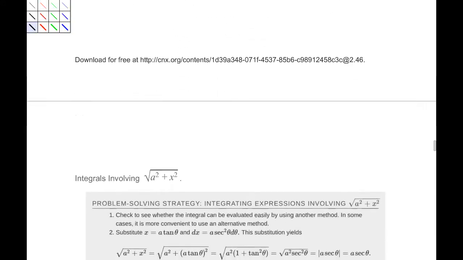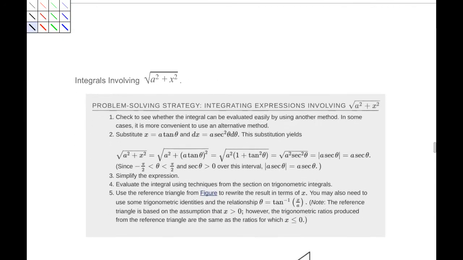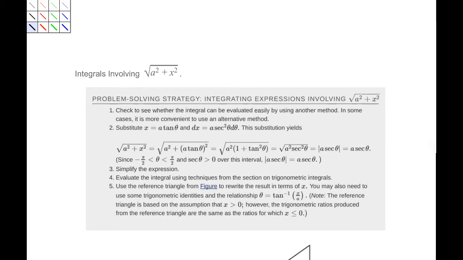Well, before we get there, actually, we have a second type of integral, the square root of a squared plus x squared. Okay, so the big difference here is that if we have a squared plus x squared, we're going to use the substitution of x equals a tangent theta. And this again has to do with our reference triangles. And then dx being a secant squared theta d theta.